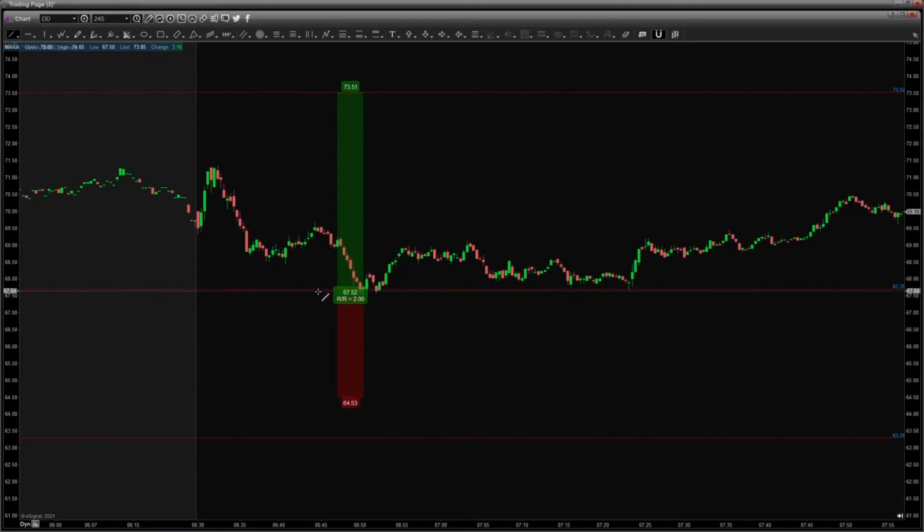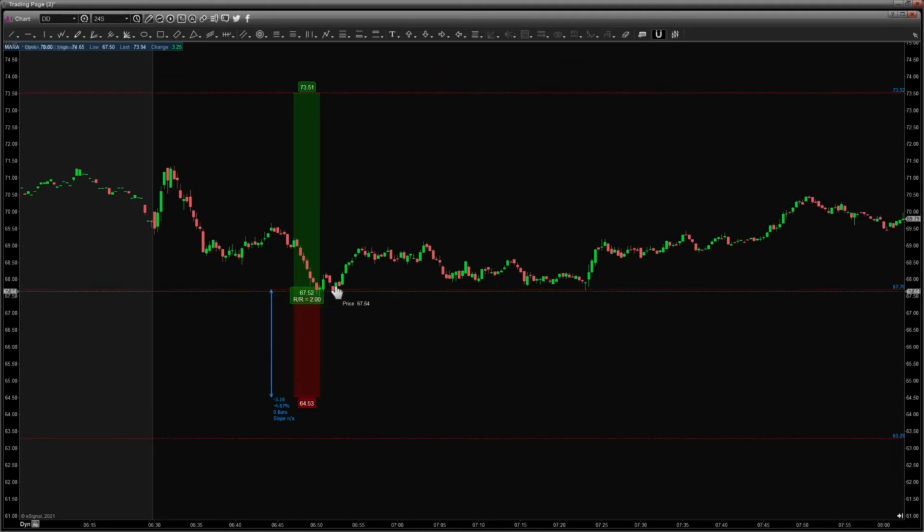You'd have to be willing to lose $3.16 in order to make $6.32. Let me just make sure that math was right. Yeah, let's just call it about $6. So be willing to lose 3 in order to make about 6, and you would base your share size off of that.